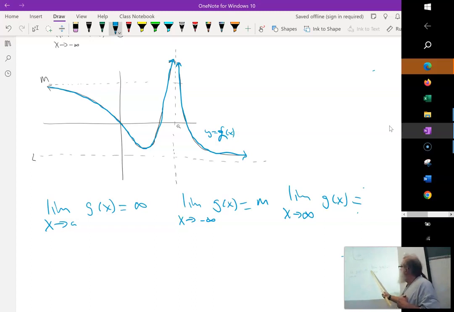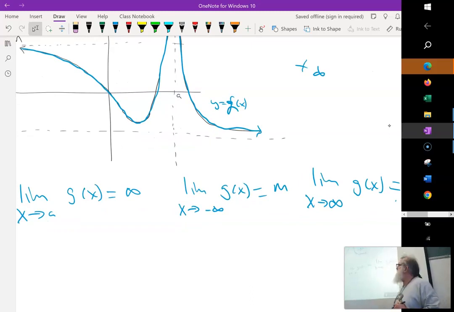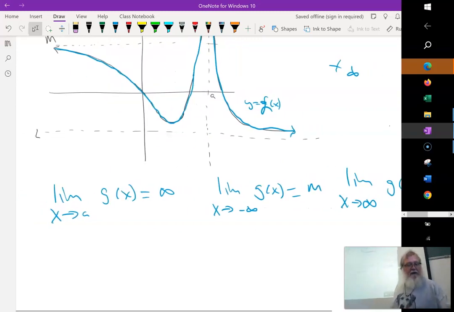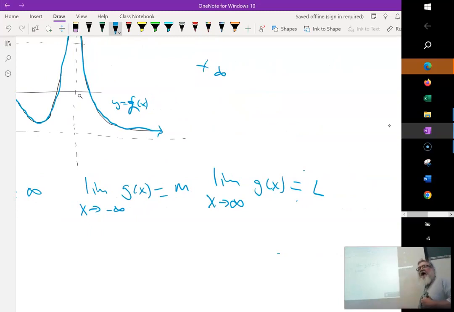Yes, so if I don't write plus infinity, that means infinity. And as we're going bigger, it's leveling off, and that is L over there. We don't normally write positive infinity, although sometimes I do in the beginning just to remind us. All right, questions on reading that graph?